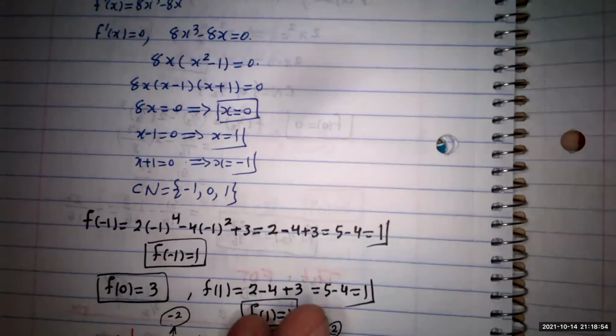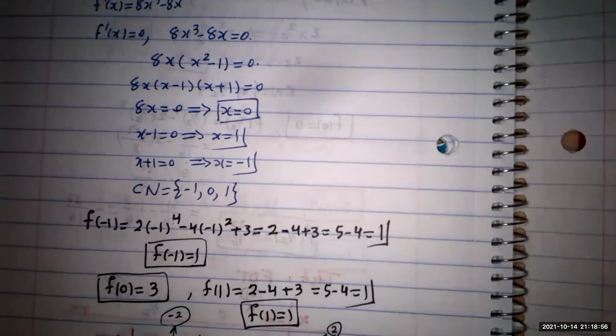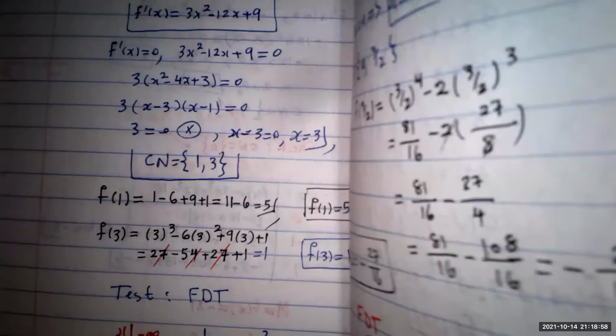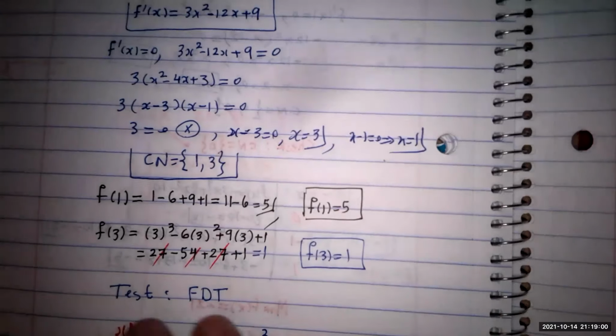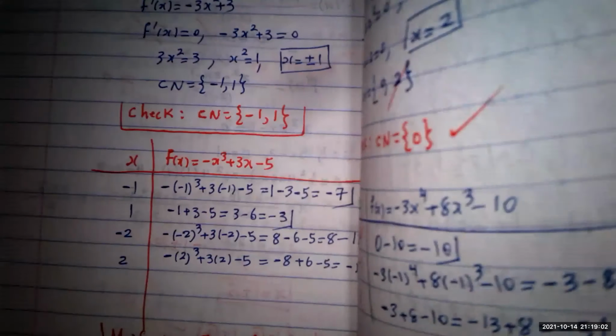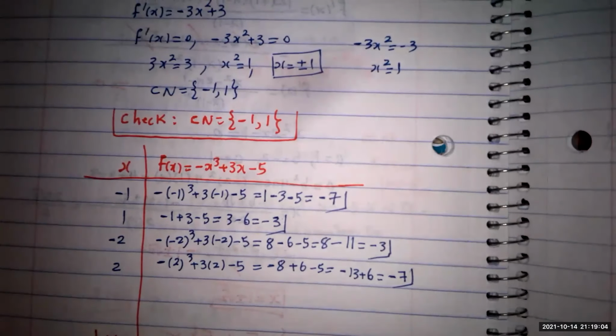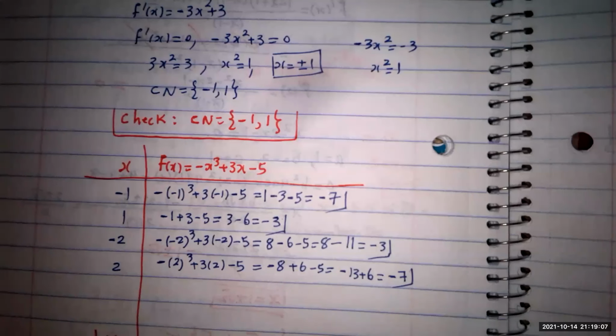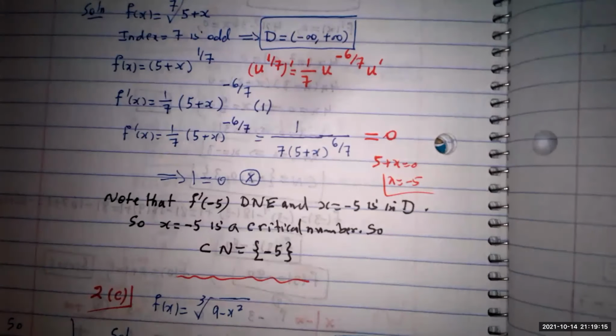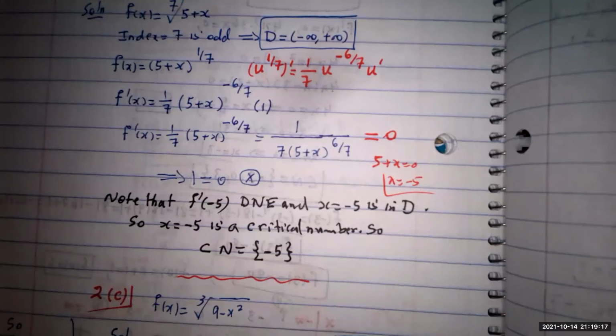It may be a cubic or a fourth degree, so for the relative max and min. Then you have one problem on absolute max and absolute min on a closed interval. And then you get one problem on critical numbers. So these are going to be 4.